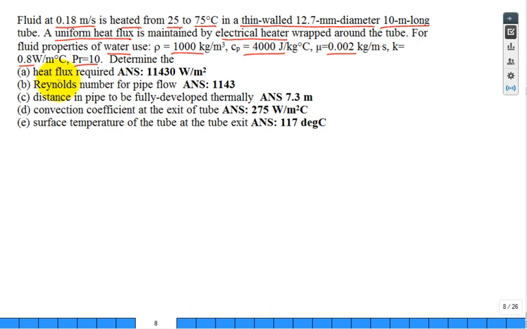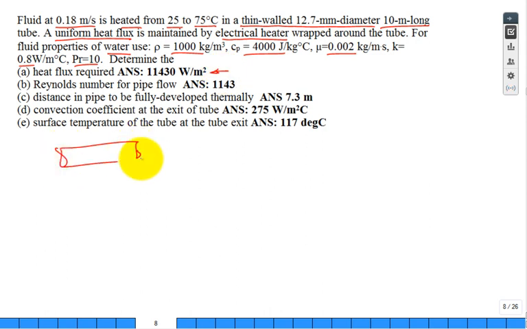Okay, first of all, what is that heat flux that's required? How do we calculate the required heat flux for this problem? Large control volume, energy balance. So it's like the whole pipe.